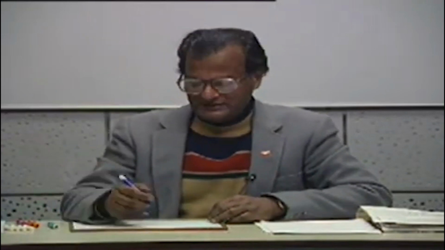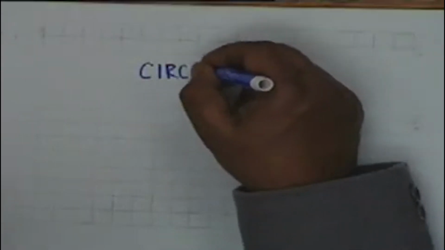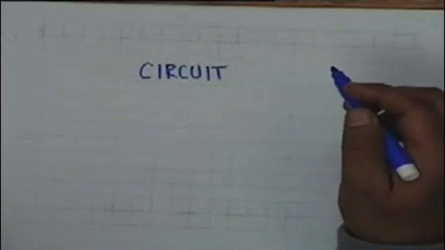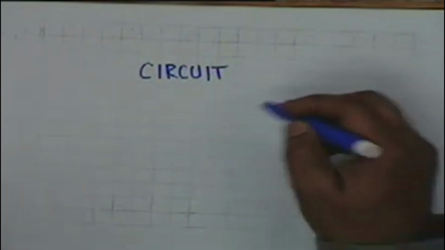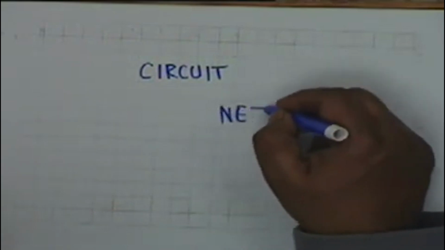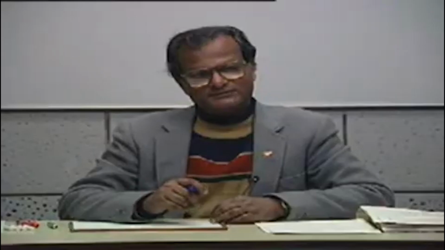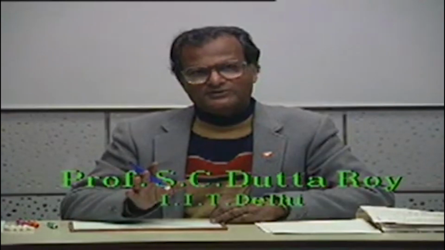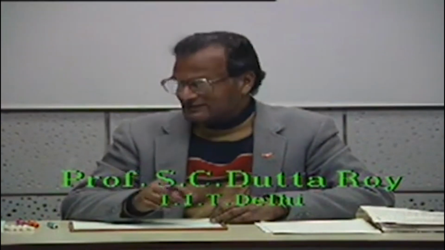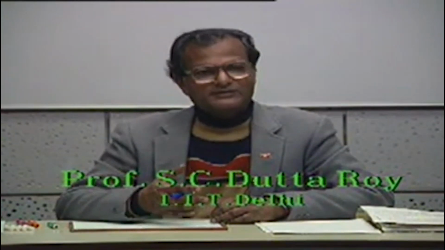I would like to conclude this class with a discussion on two words which I have intentionally not used so far: network. We said that our course is Introduction to Electronic Circuits, and we have always said circuit element. Circuit elements could be passive or active.